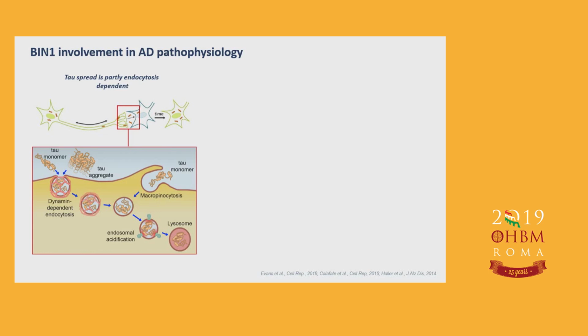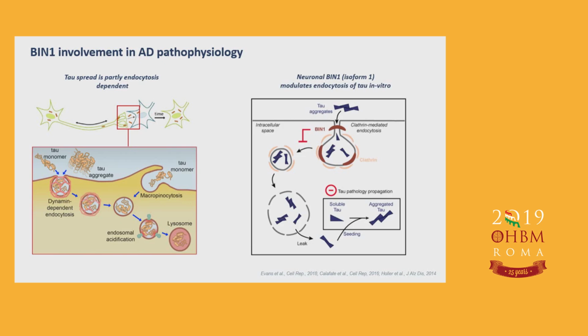And this process of spreading is mediated by endocytosis, which you see on the lower left, which is regulated by dynamin. And BIN1 is actually binding to dynamin and regulates this clathrin-related endocytosis. Higher BIN1 isoform 1 actually decreases the endocytosis.